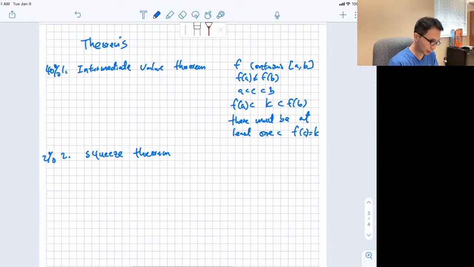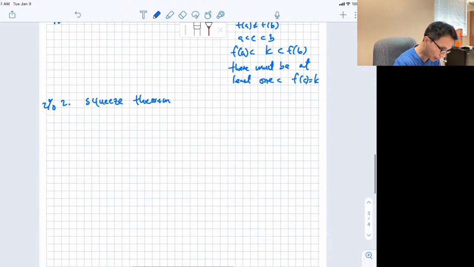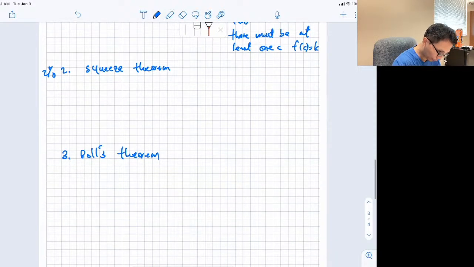Another major theorem we're gonna do later is Rolle's theorem. And the fourth one is gonna be the mean value theorem, which we're gonna cover at the end of the week.